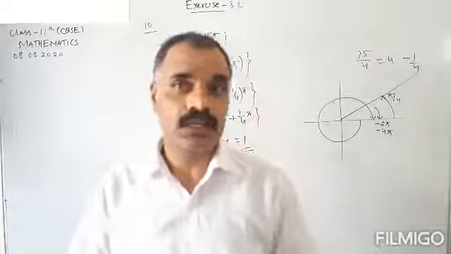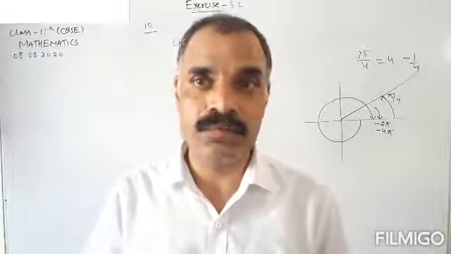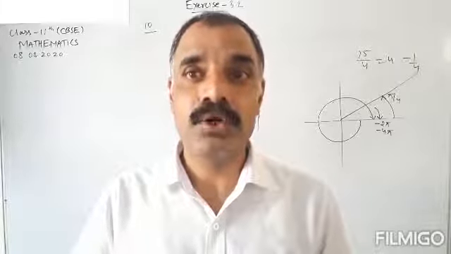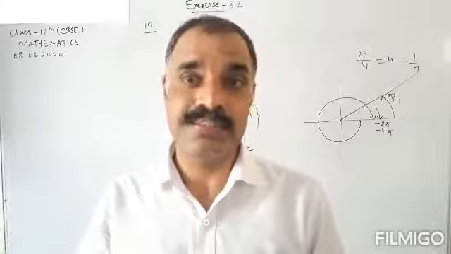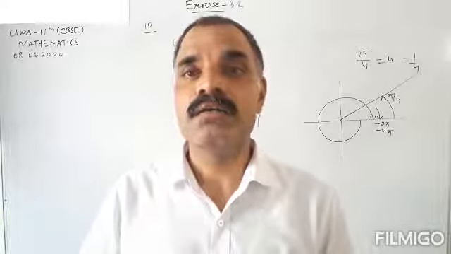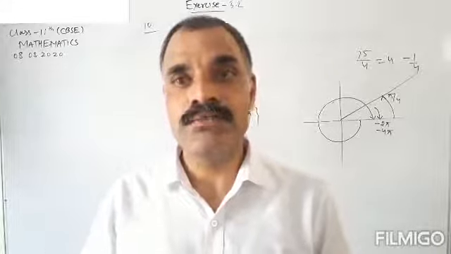We can use the trigonometric identities to find the other ratios, and the short trick ASTC to determine the sign of the trigonometric ratio in different quadrants.